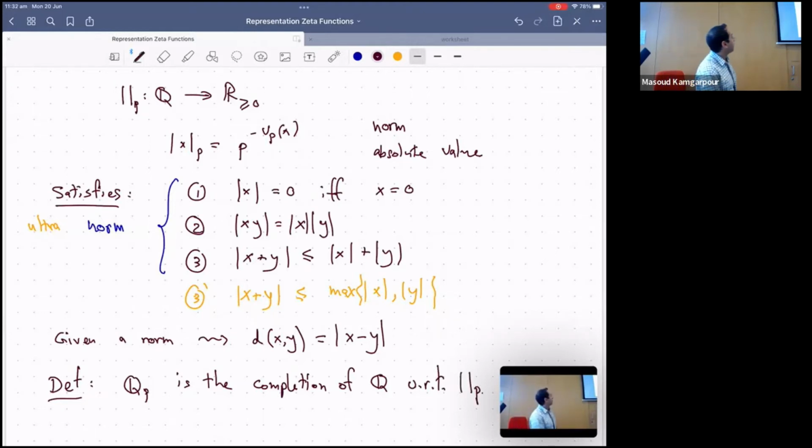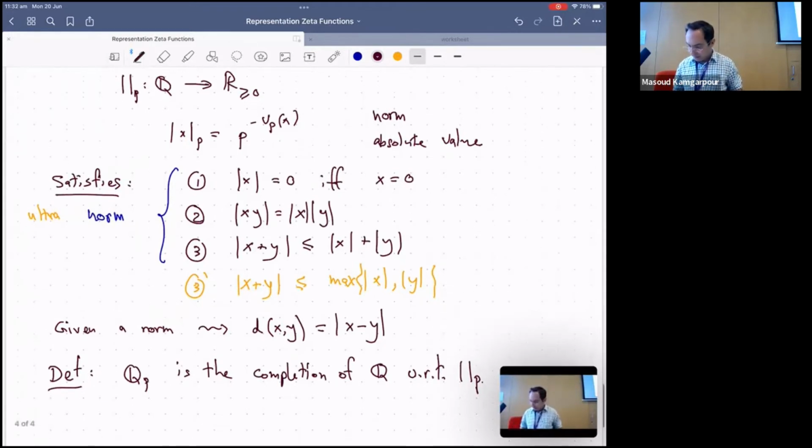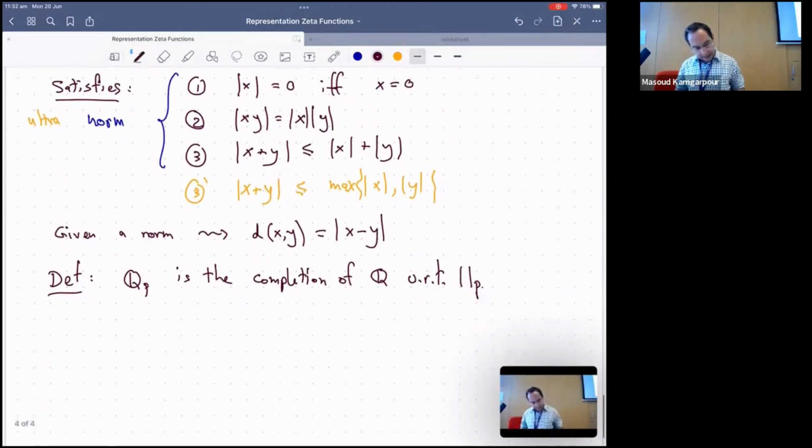Okay, so for every prime, I have a norm, and therefore I have a metric, and I can complete the rationals with respect to this norm. And inside, the p-adic integers, so Z_p, is the completion of Z with respect to the norm.